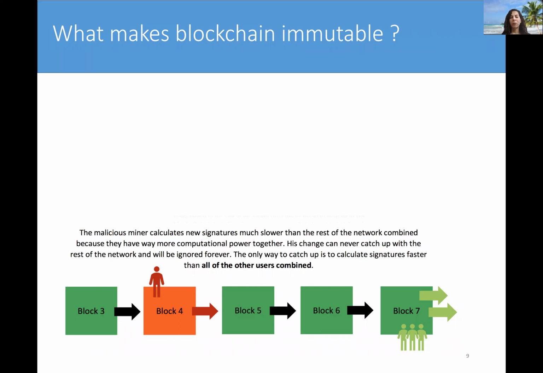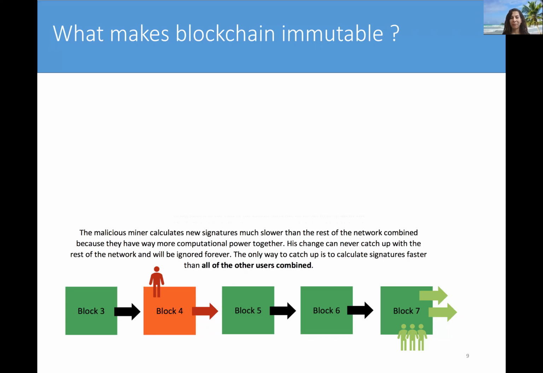So if they want to catch up with the rest of the network, because if they change this block, they have to change everything else that has been generated here, they need computational power higher than all the other users combined, because all these other users in a distributed way are always computing.